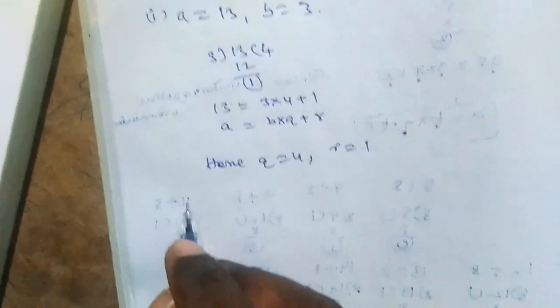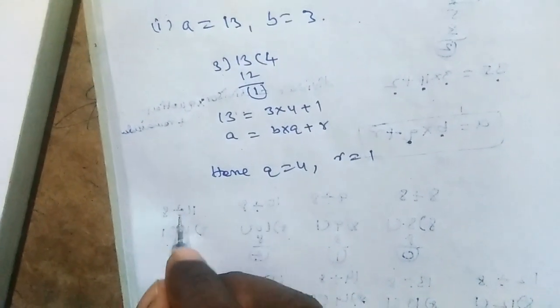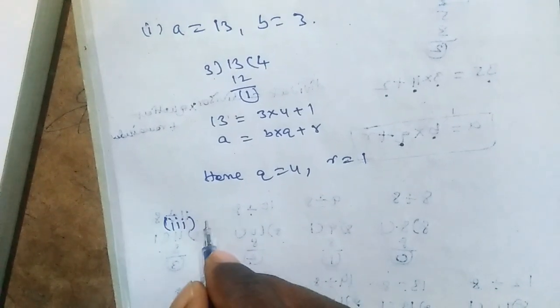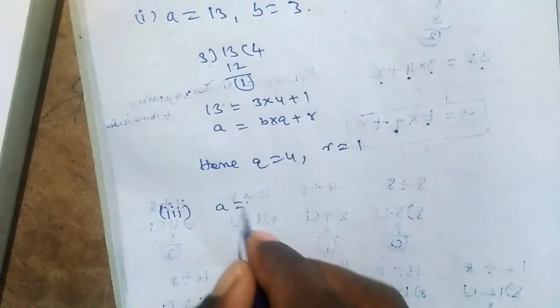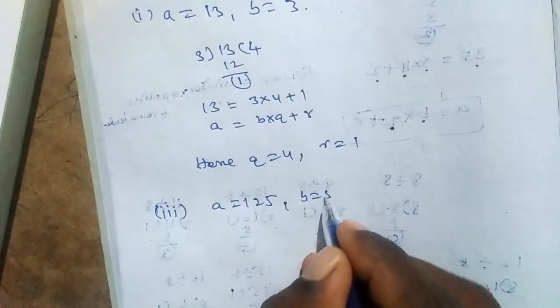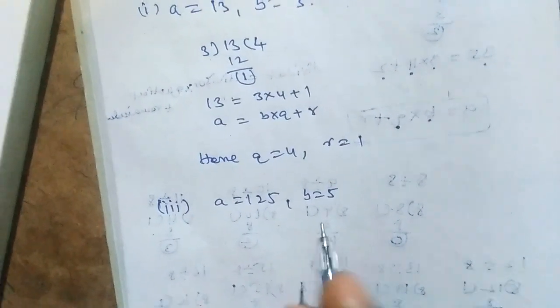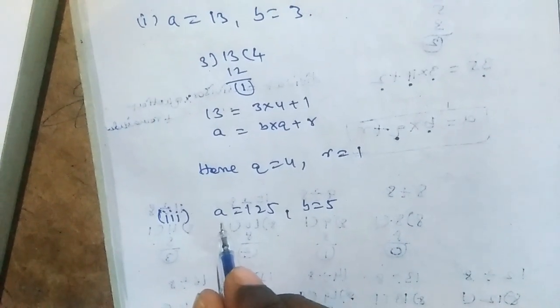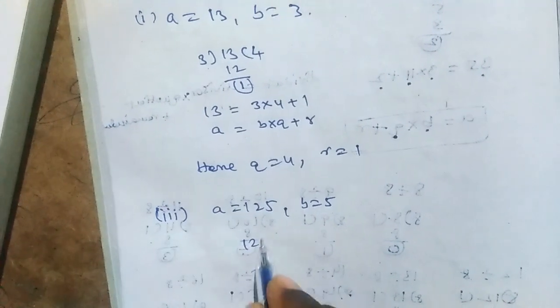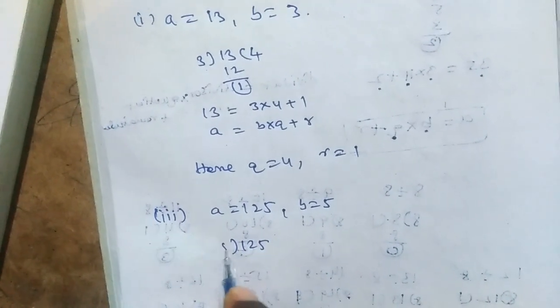Next, the third problem. a is equal to 125, b is equal to 5. So a is the dividend, b is the divisor. So 125 is divided by 5.